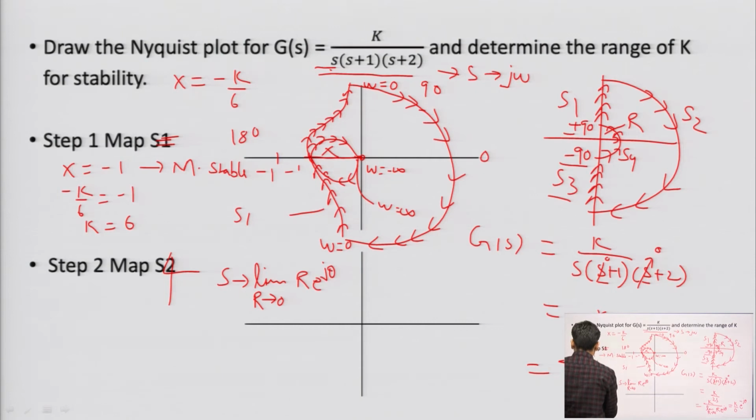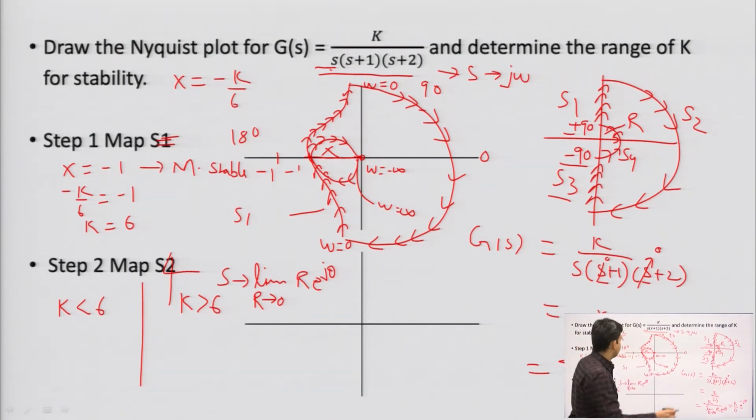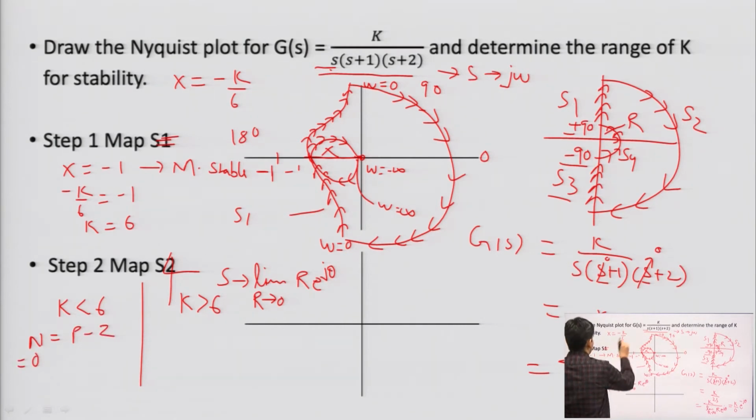If k is less than 6, it means the whole plot will not encircle minus 1, and the value of n equal to p minus z, n will be 0. There is no pole in the right half plane, so p is 0, then z will be 0, and my system is stable.